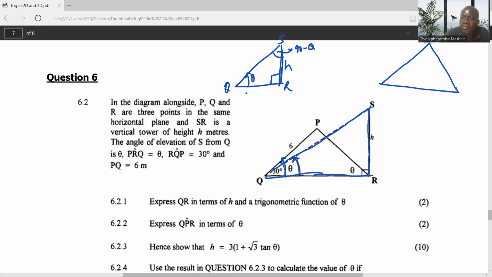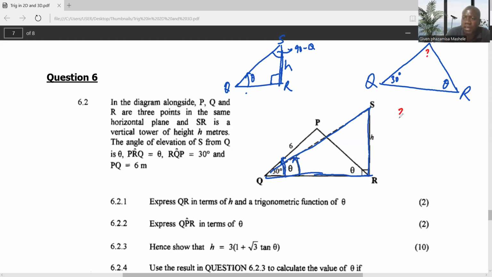And the other triangle is this triangle, this one. What do we have? We have P, Q, and R. What is the angle at P? Angle P is 30. What is angle Q? Angle Q is theta, so we can get this. I think this will be 150 minus theta. Why 150 minus theta? Here's the answer. Let's assume, let me put a question mark here.